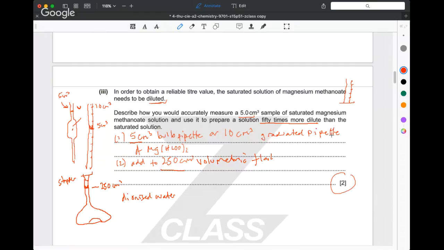So those were the 2 points the examiner was looking for: that you're using a bulb pipette or a graduated pipette, and you're adding deionized water to a 250 centimeter cube volumetric flask, making it up to the mark. In some other exam papers, I've seen the examiner require that students add a stopper to the flask.